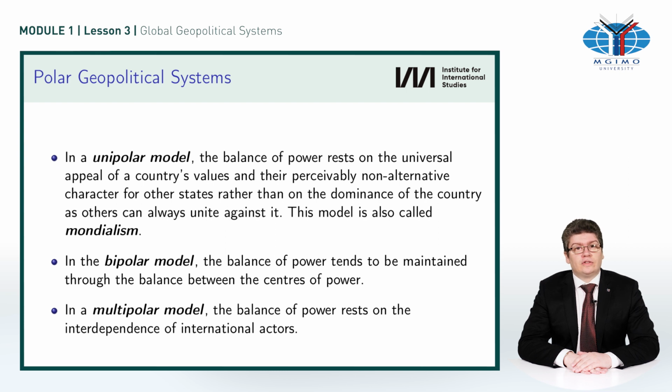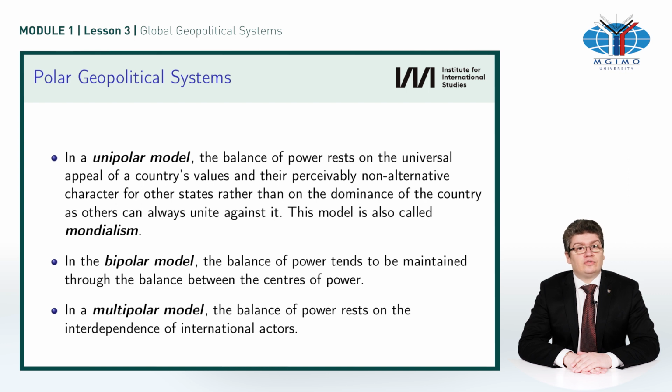However, the difference is qualitative or structural rather than quantitative. Instead of pointing to the number of poles, they reflect the ways of maintaining the balance of power in international relations or preventing global conflicts.